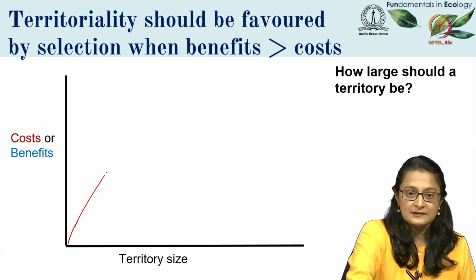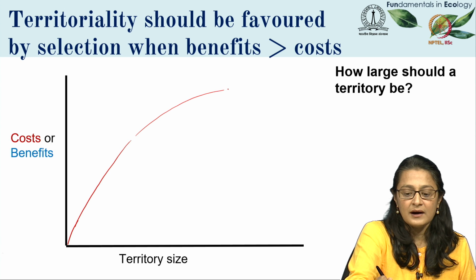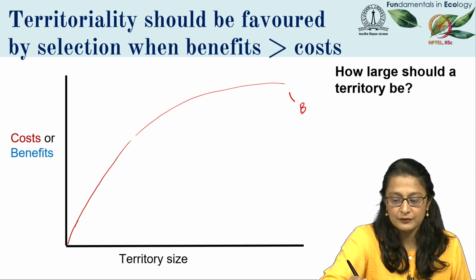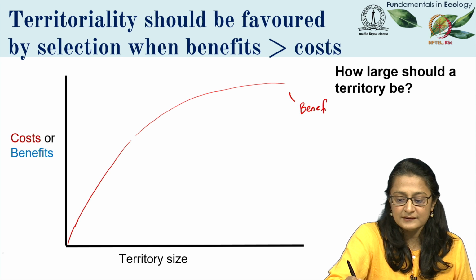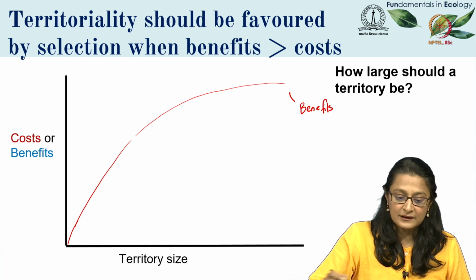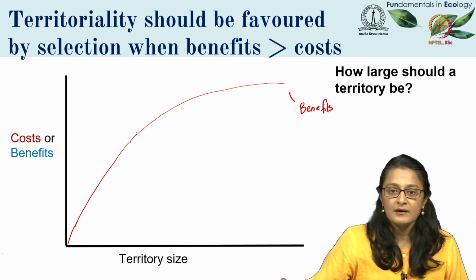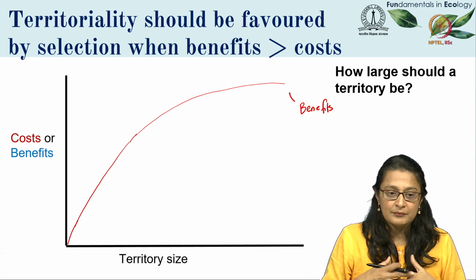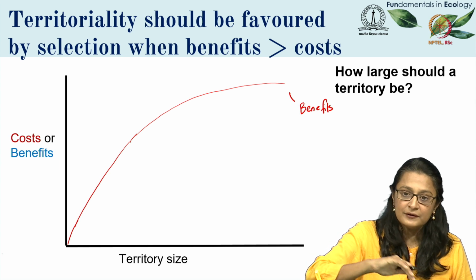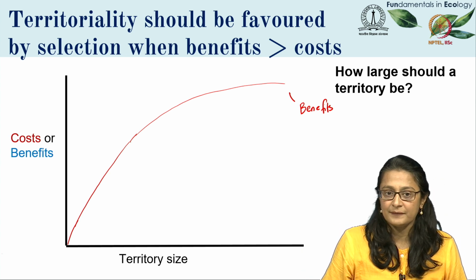And as territory size increases, more and more benefits are gained. But after a while, that should also taper off, because a big territory won't give you many more benefits than a smaller territory once you've maximized all the resources you need. So a benefit curve will decelerate.